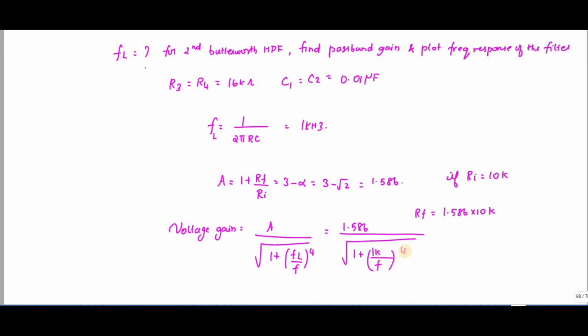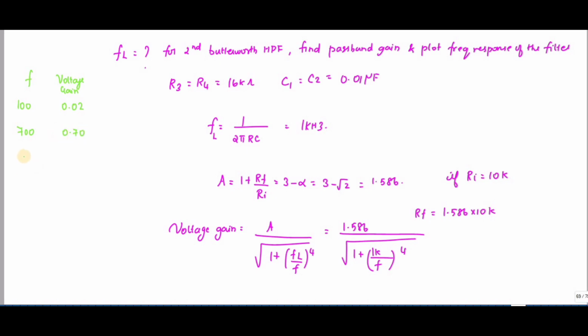So you have to substitute different values for f. If the f value is 100, substituting here, the voltage gain becomes 0.02. Another value, substitute 700, you will get the answer as 0.70.